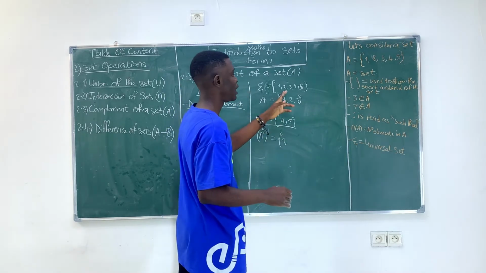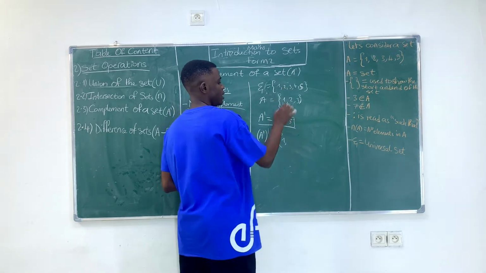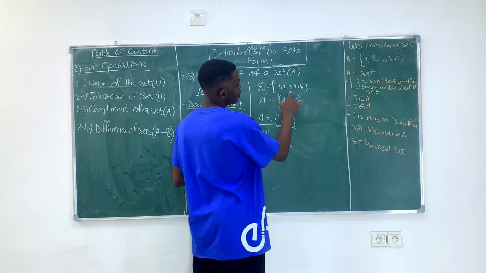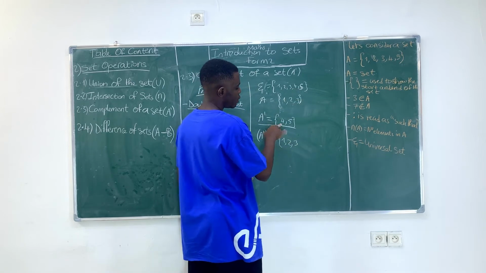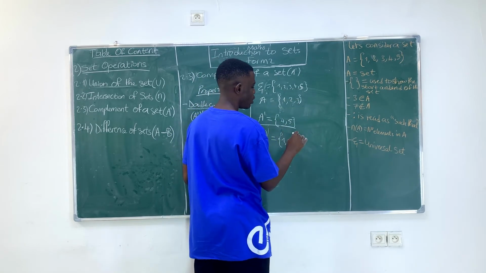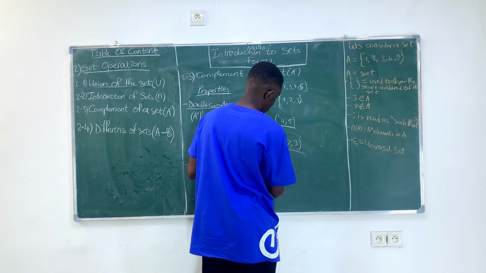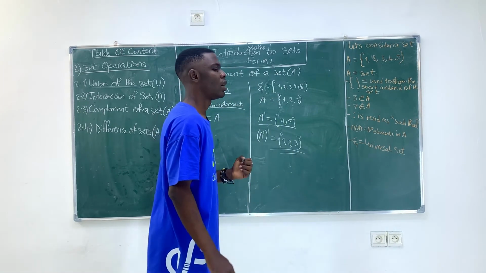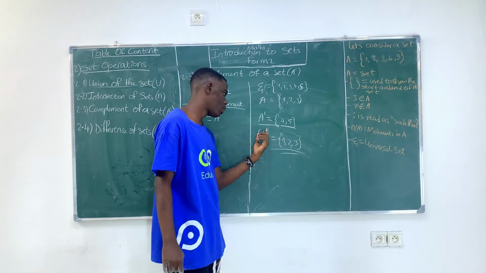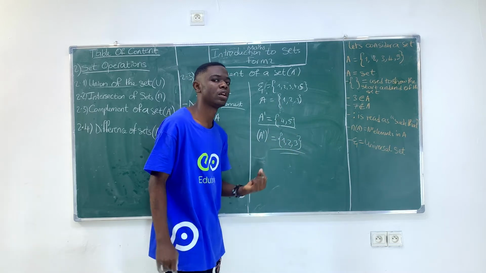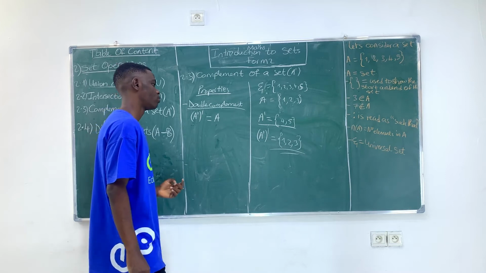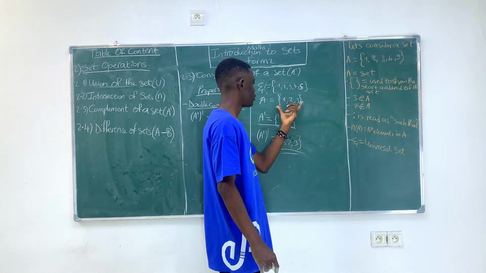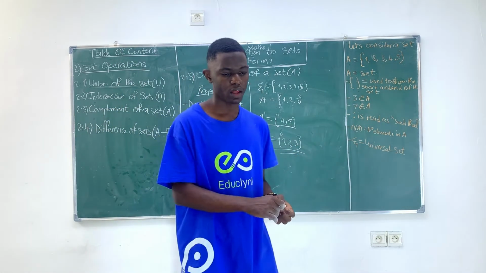You write numbers that are here but not here. 2 is here. Is there 2 here? No. So you write it. 3 is here. Is there 3 here? No. So you write it. 4 is here. Is there 4 here? Yes. You don't write it. 5 is here. Is there 5 here? Yes. You don't write it. So this is A prime prime, and you can see that it is the same as your actual A. So this law is fulfilled, because these are the same.